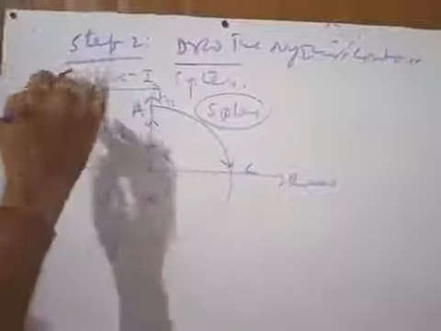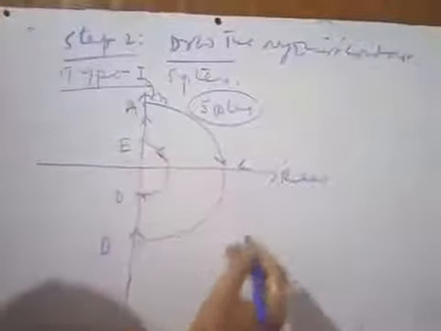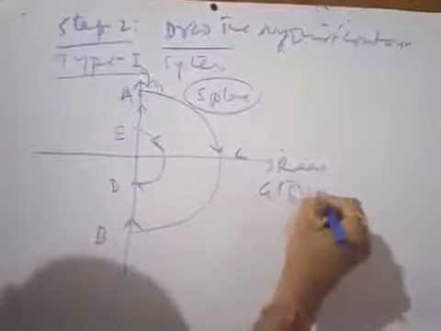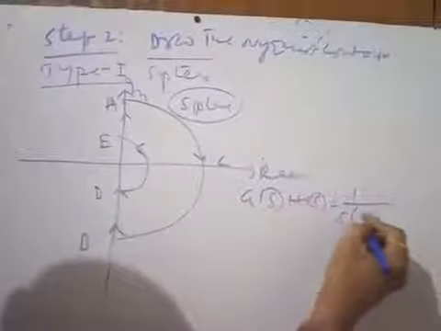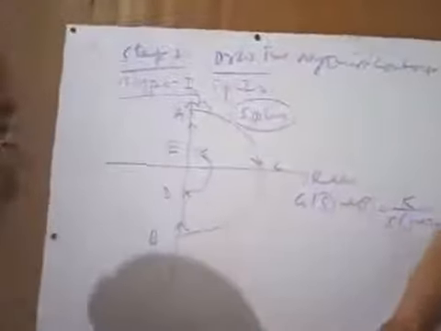Once you write step 2, that means draw the Nyquist contour, you have to analyze the transfer function G(s)H(s) equal to K by s into (1 plus 2s) into (1 plus 4s) at two different values of s. That means at this and at this.